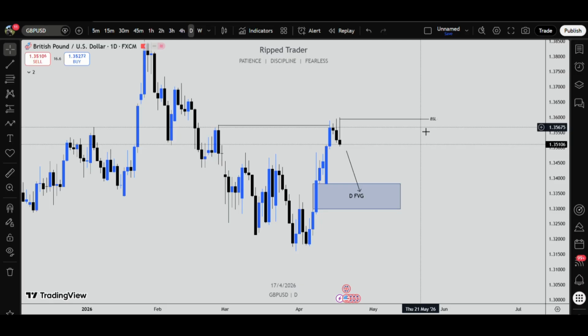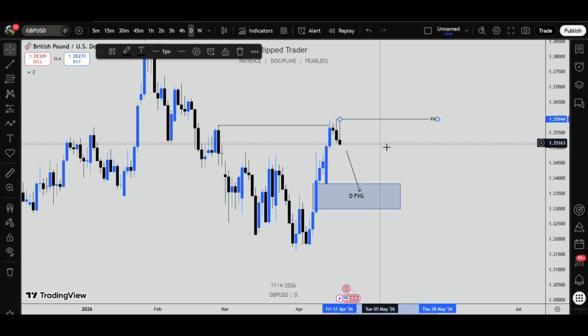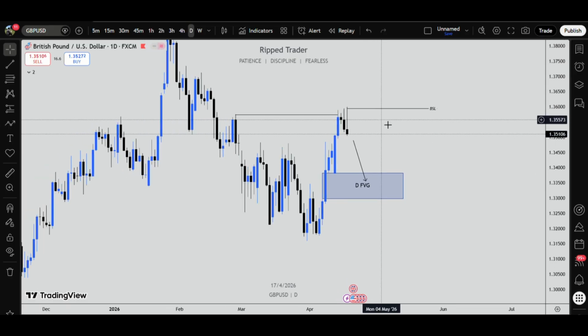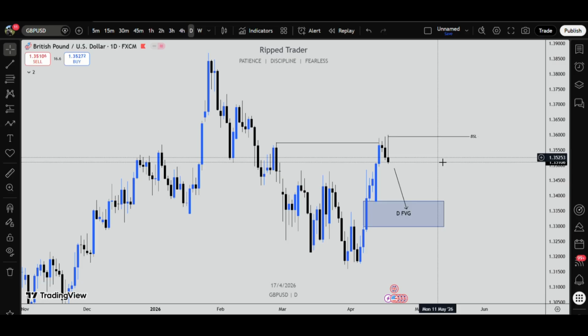Sometimes it gives 1:7, 1:5, 1:6, but I would advise you to go for 1:2 or 1:3. They have the best win rates. As you see, it's very simple.